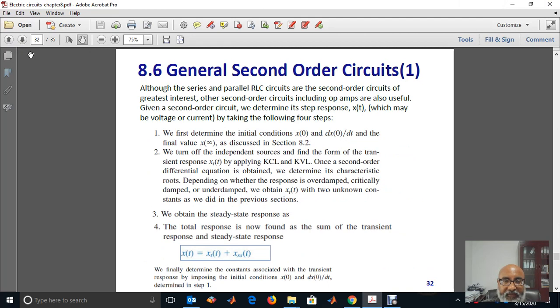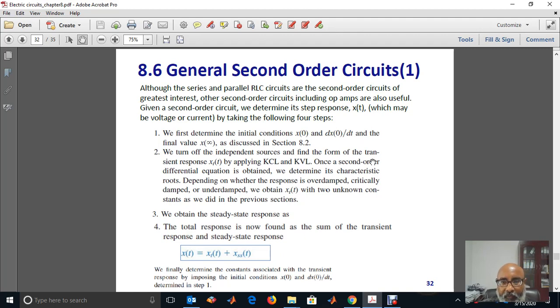Okay, now what if we have a general second order circuit? To solve a general second order circuit, which can be series, parallel, or a combination of series and parallel, we need to follow similar steps. The complete solution, x at t, will be the transient response plus the steady state response. Remember, the transient response is without the source, and the steady state response is the response as t goes to infinity.